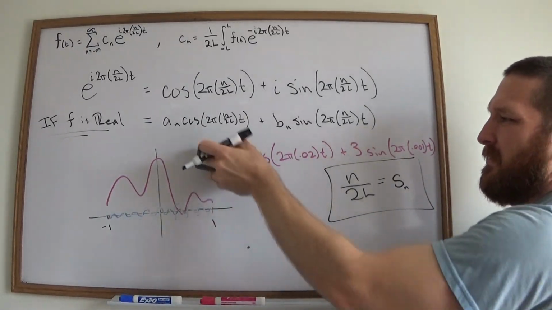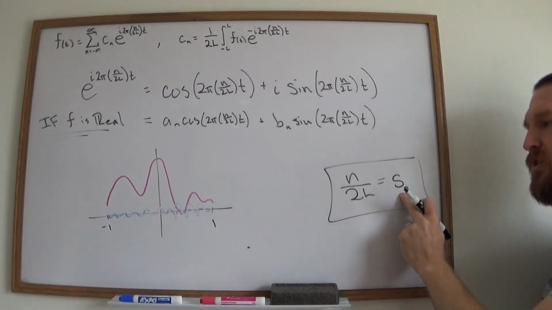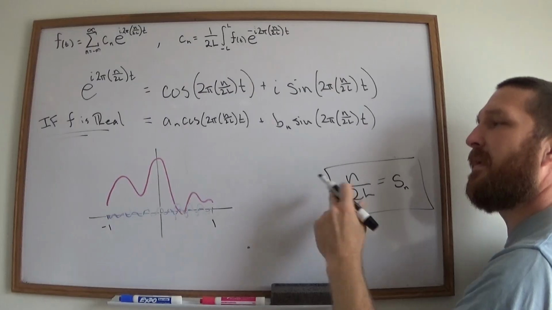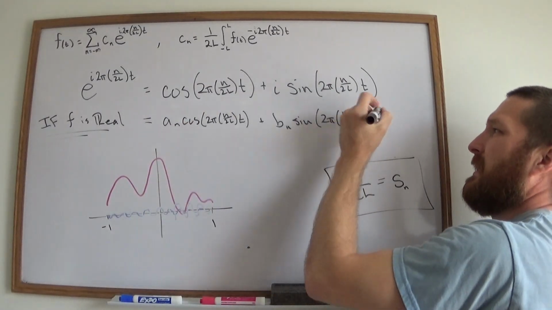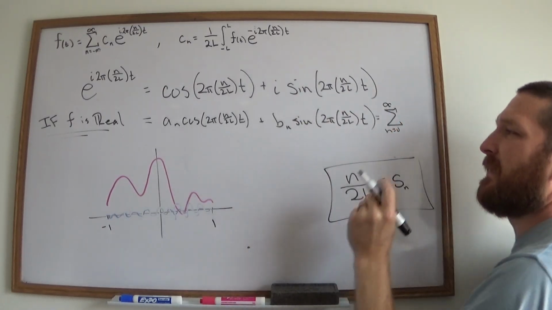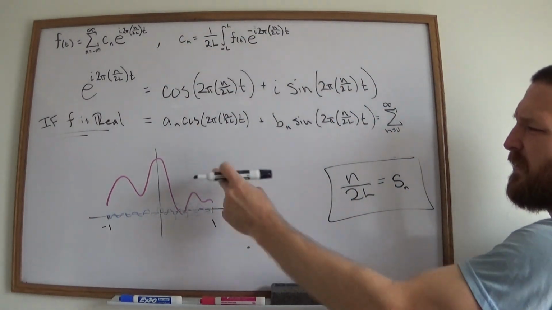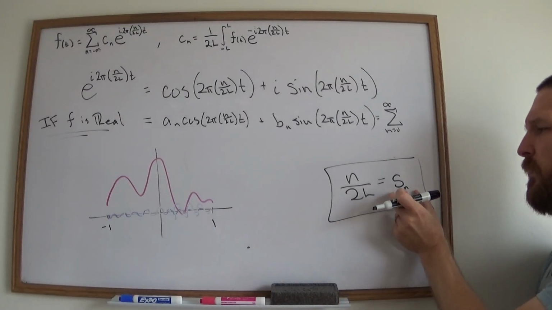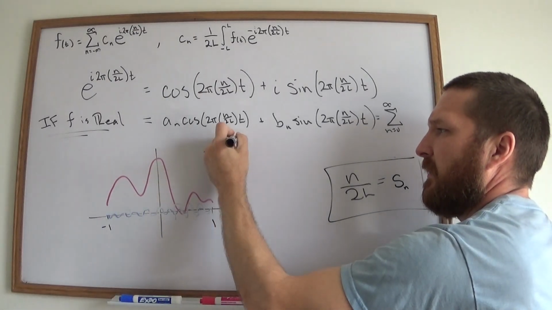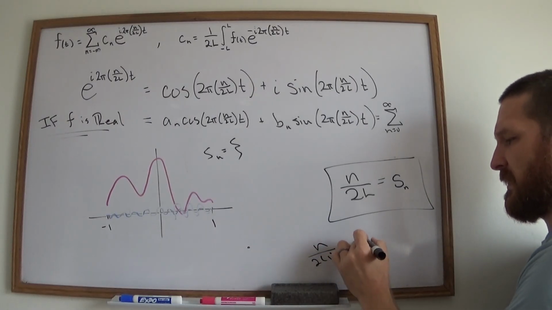Another way of looking at this is, let's just think of all of the frequencies that we do have access to. In the real case, remember how this works out, it's the sum as n goes from 0 up to infinity. That's how it worked out when we rearranged everything. If you're trying to figure out what this thing is composed of, the actual frequencies that we would have, the set S_n, would be n over 2 times 1, so that's n over 2.